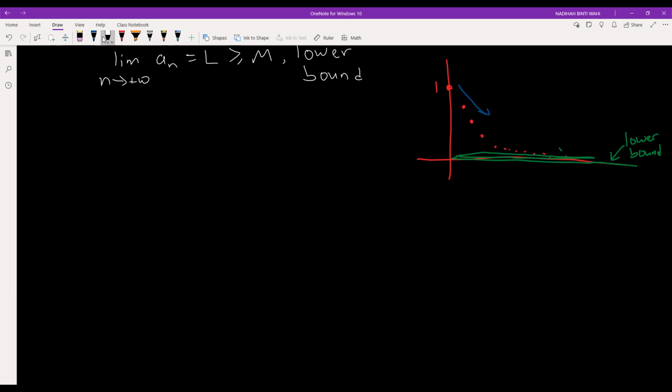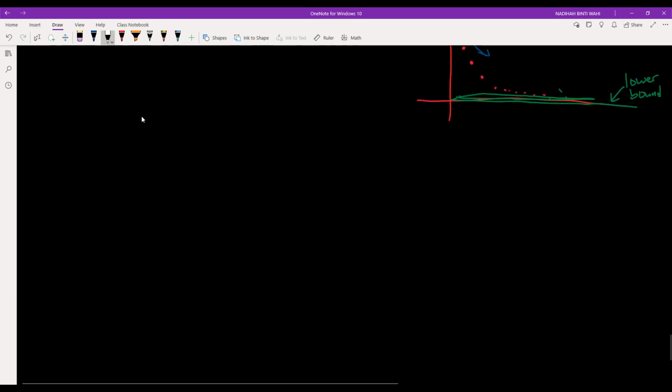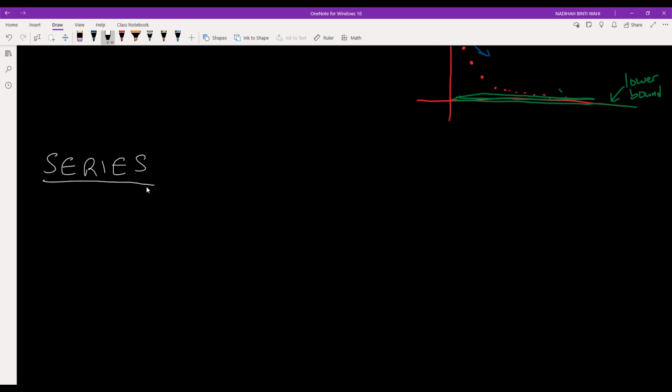the next one, which is series. Okay. So you can see that a sequence is just like A1, A2, A3, and so on.